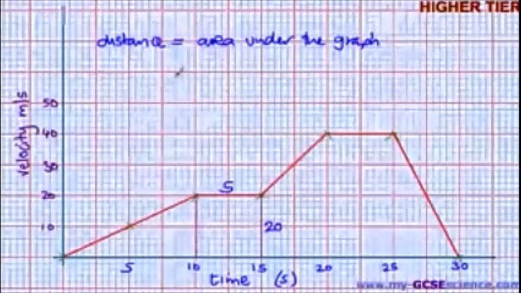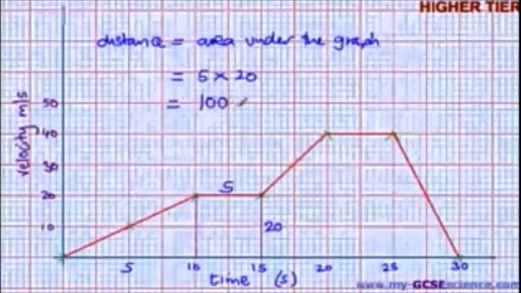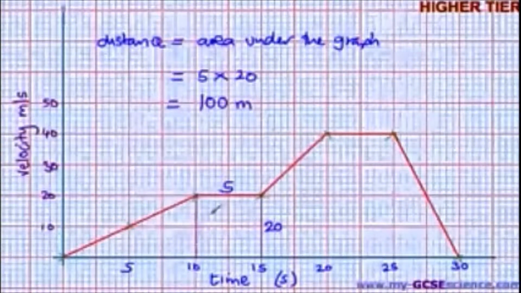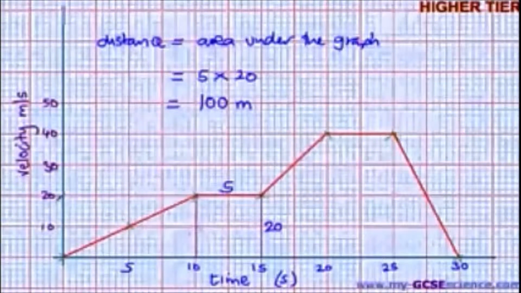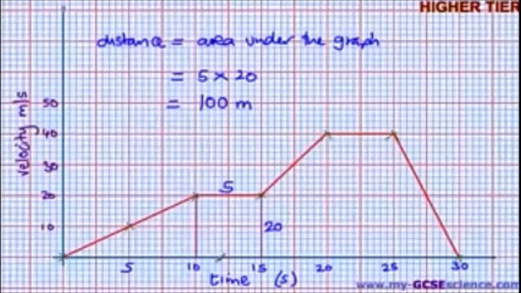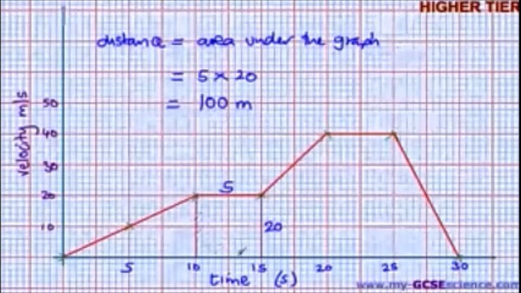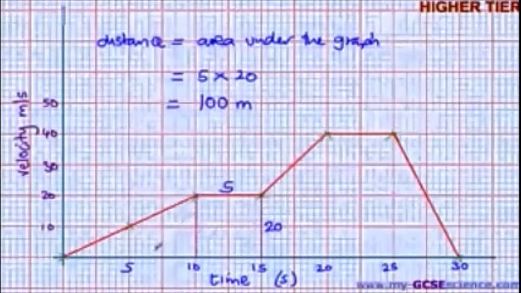To calculate the distance for that section, you just multiply 5 by 20 equals 100, and as it's distance, it's meters. If you think about it, that makes sense, because between 10 and 15 seconds we are travelling at 20 meters per second for 5 seconds. So every second we travel 20 meters, so after 5 seconds we have travelled 100 meters, and that corresponds with the area under the graph here.